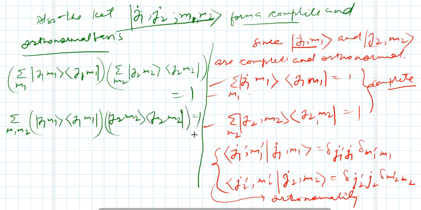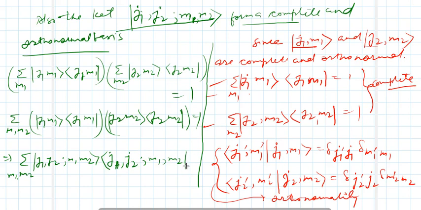This is equal to 1, and this can be written as the summation over M1 M2 of |J1 J2 M1 M2><J1 J2 M1 M2| equal to 1, right? So this is the completeness condition.